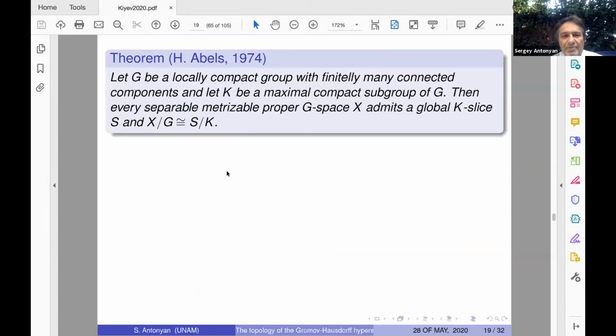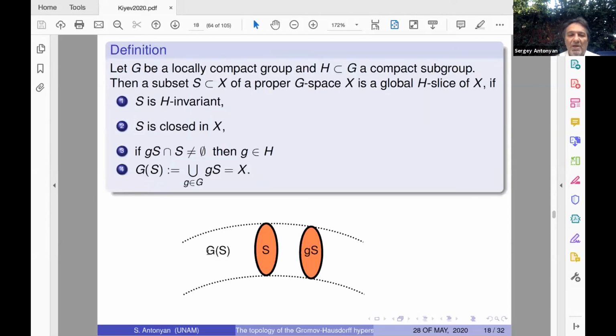Abels proved that if we have a global slice, then the orbit space of X is homeomorphic to the orbit space of S under the action of the smaller subgroup. The existence of global slices is interesting because of this. Here is the situation: we are interested to study the orbit space of the bigger space.